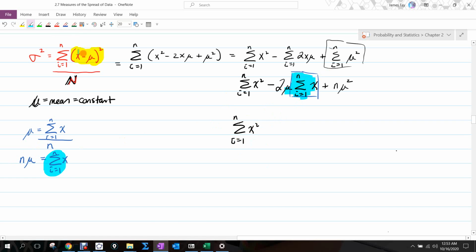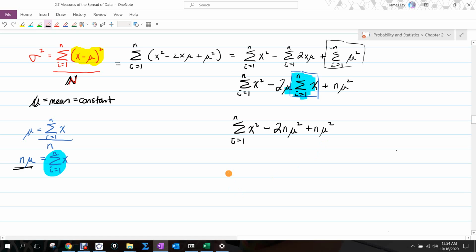So that's what I'm going to do. Then I would have minus 2 mu times n mu. So that times the 2 mu is actually going to give me 2 n mu squared. Okay. And then I have my plus n mu squared.